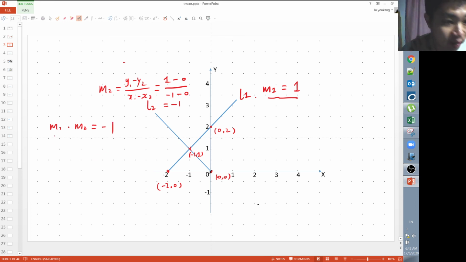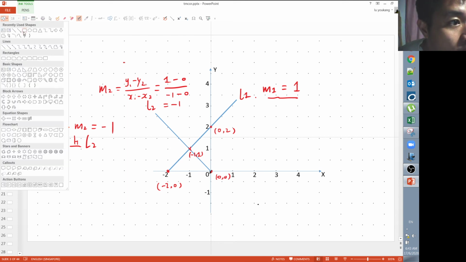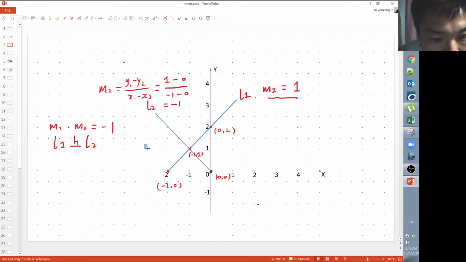If you have m1 times m2 equal to -1, what can you conclude here? You can conclude that your L1 is perpendicular to your L2. If you look at this diagram, you can see that they are perpendicular to each other.